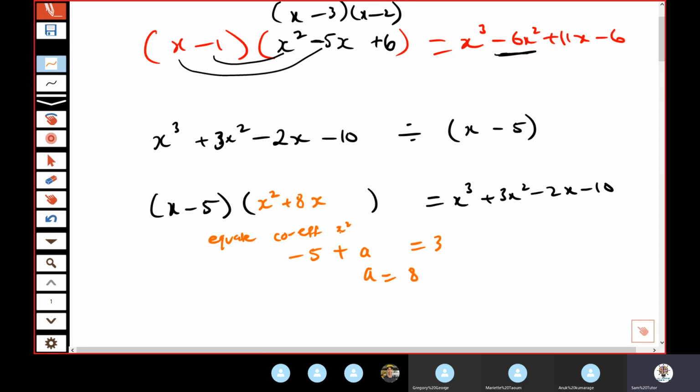Any questions? Then you go to the next one. So you've got to do it in order. You're going to equate coefficients of x. So again, this will be -2. How would you get x's? You'll get x's from this number multiplied by x, let's call it b, and negative 5 times 8, which is negative 40.